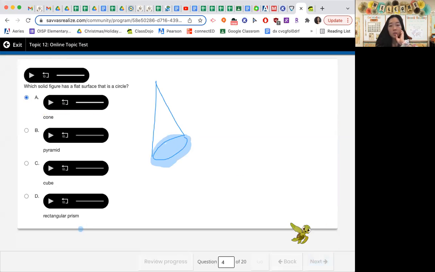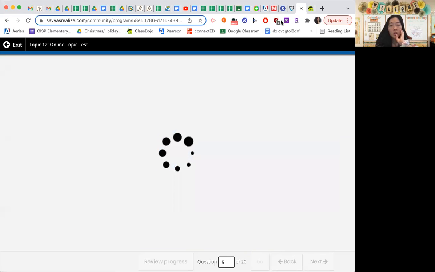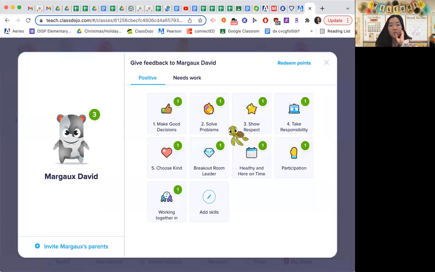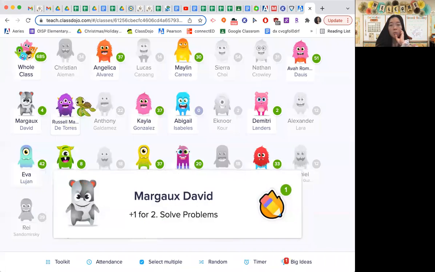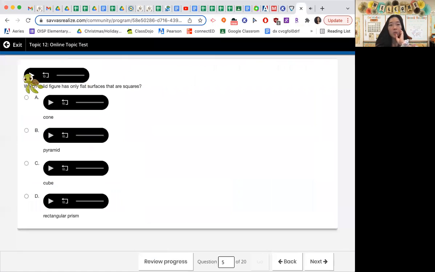Cone. Okay, next one. Russell, you're going to answer the next question. Which solid figure has only flat surfaces that are squares? So a pyramid has a flat surface that is a square, but it's asking which has only squares.